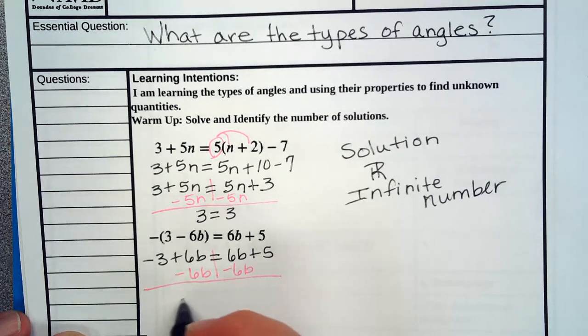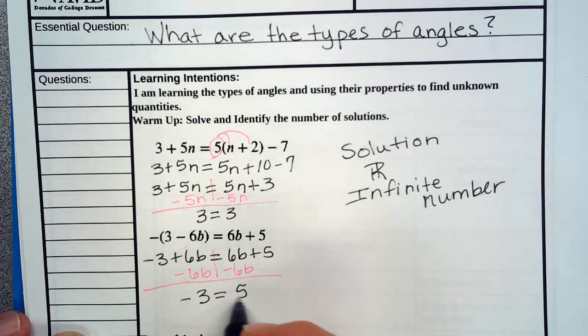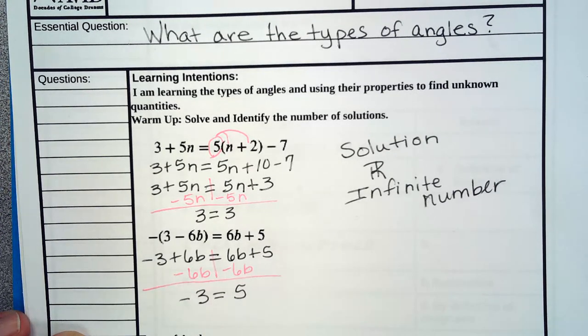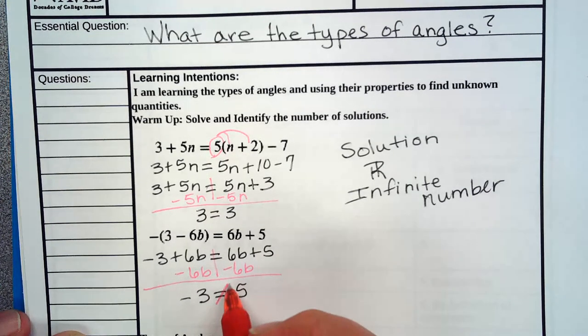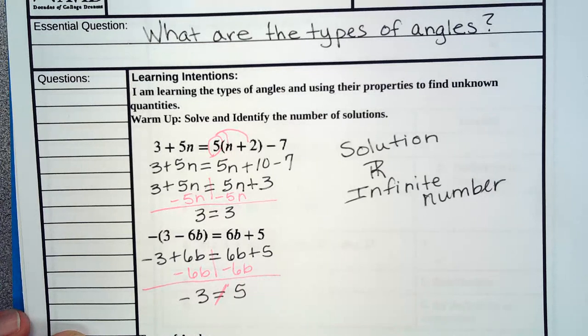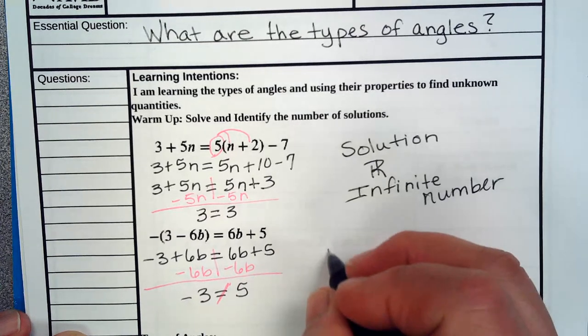We end up with -3 is equal to +5. When will that happen? That never ever happens. -3 is never equal to +5. In this case, there is no solution.